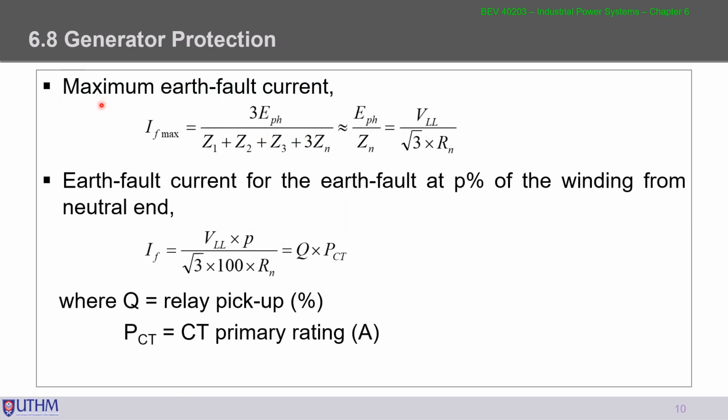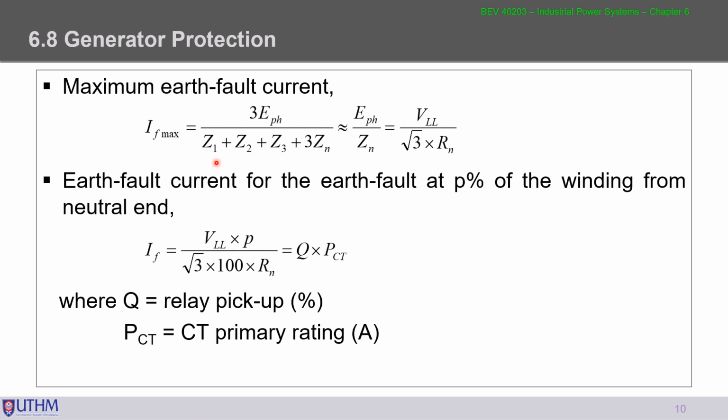This R is used to control the flow of the spot current. Then from the previous diagram, we can derive a formula for the maximum spot current, IF max, which is equal to 3 E phase, where E phase is the phase voltage, divided by Z1, Z2, Z3, the impedance of each phase, plus 3 times Z neutral for 3 phase.